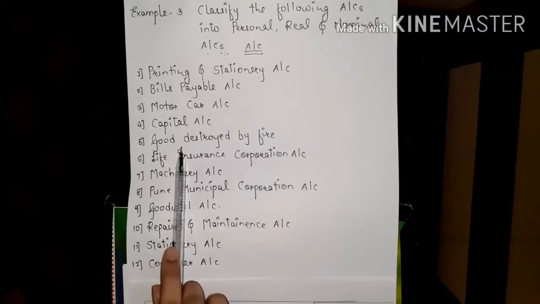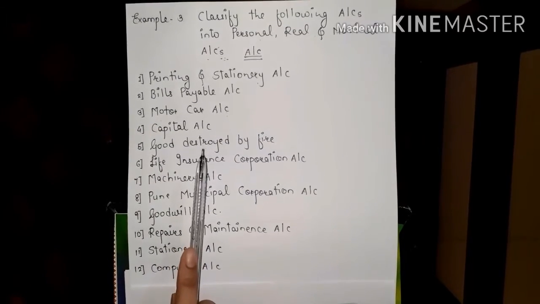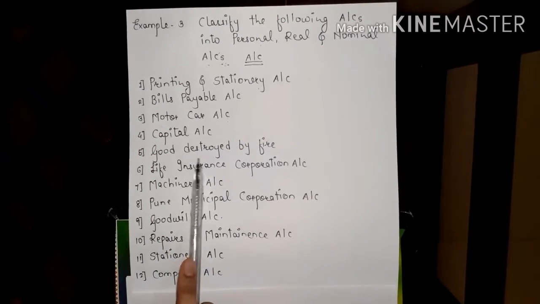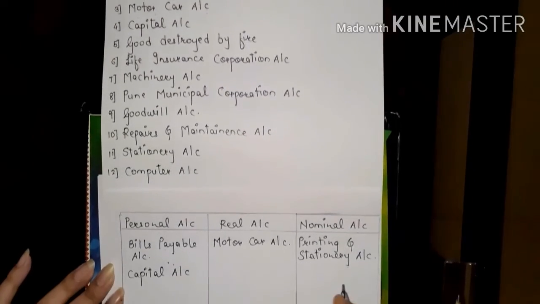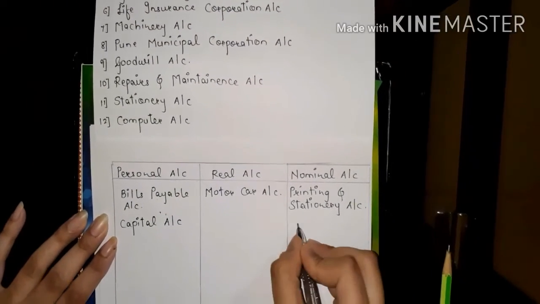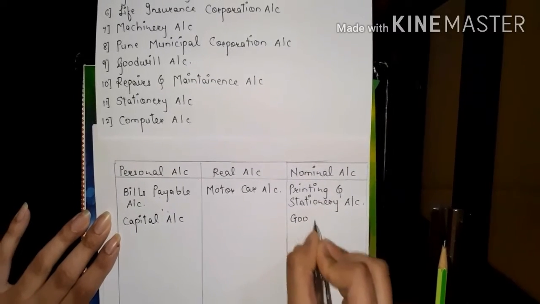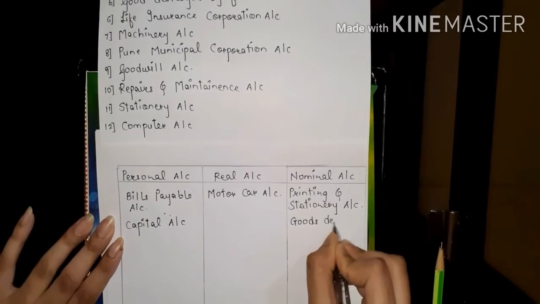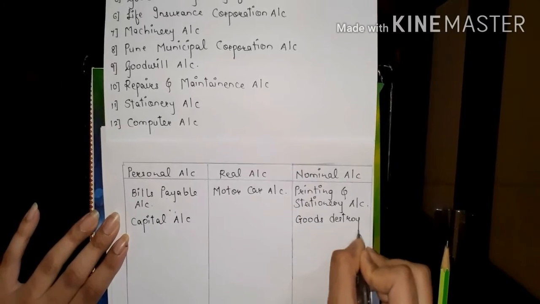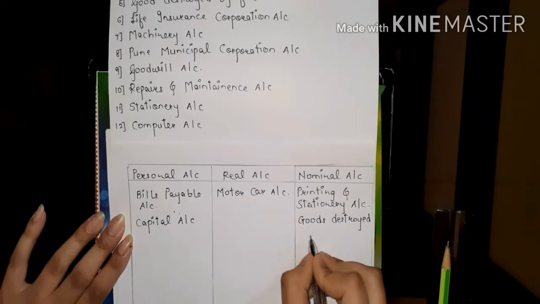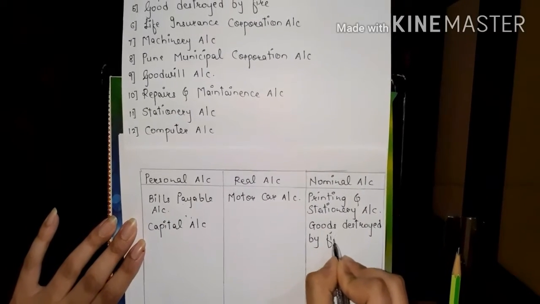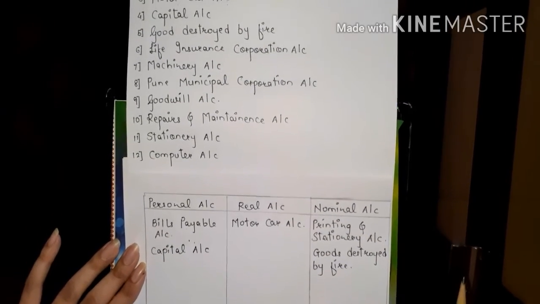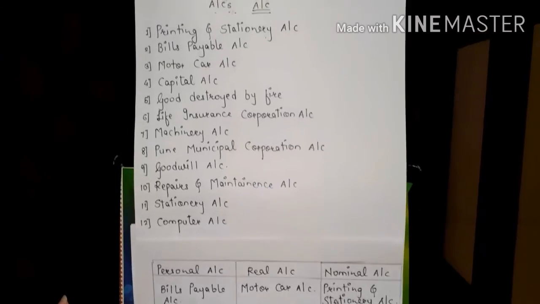So this is our loss, this is our expense, we will have to produce it again. So this will fall under nominal account, because nominal account rule says debit all expenses and losses. So goods destroyed by fire is the loss of our company. Okay, so it will fall under nominal account.